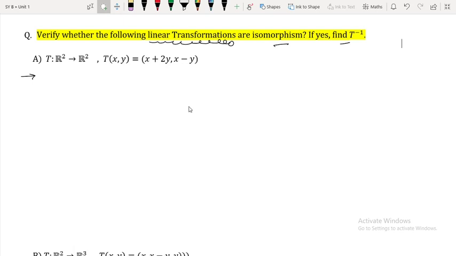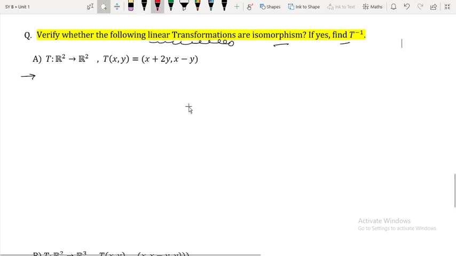Now you know there are two ways to check whether the linear transformation is 1-1 or not. One way is our usual method to show the function is 1-1, and the other one is with the help of the kernel.